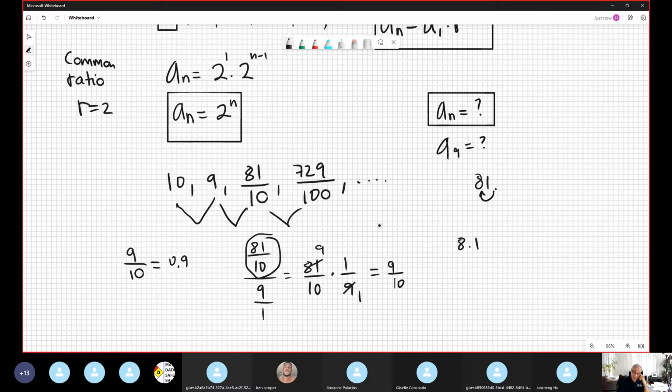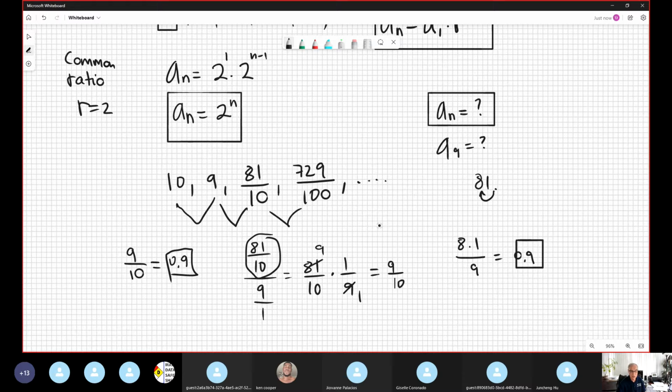You put in the calculator 8.1 divided by 9, and it is 0.9, exactly the same without complication.